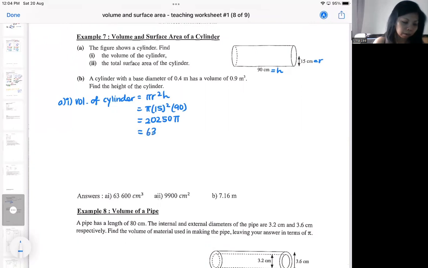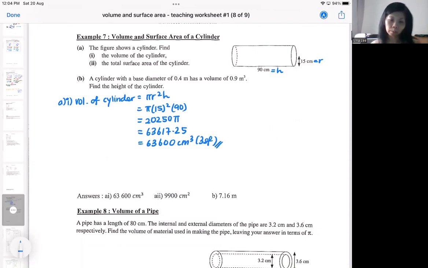So when I use the calculator pi, my answer looks very different from if I round off pi to 3SF. Some students may think that their answer is wrong, but it's actually correct. The answer will always be 3SF.